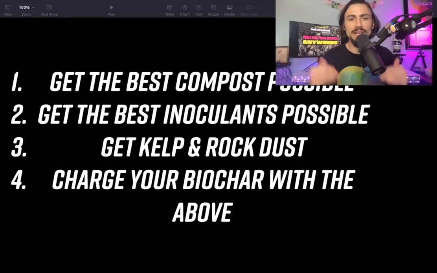But you want to combine all these things, even if you're buying it. What you would do is make a giant compost pile of the good compost that you bought, add all the kelp and rock dust in and the biochar, and get it moist and wet, and tarp it and let it sit for a few days and kind of do an extra fermentation process, because the kelp, rock dust, and biochar will stimulate it.